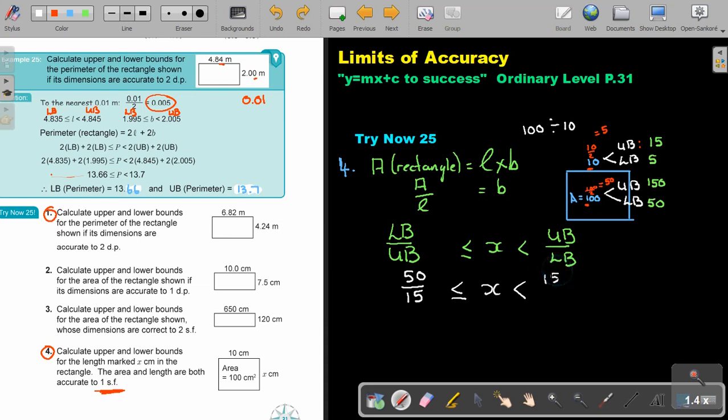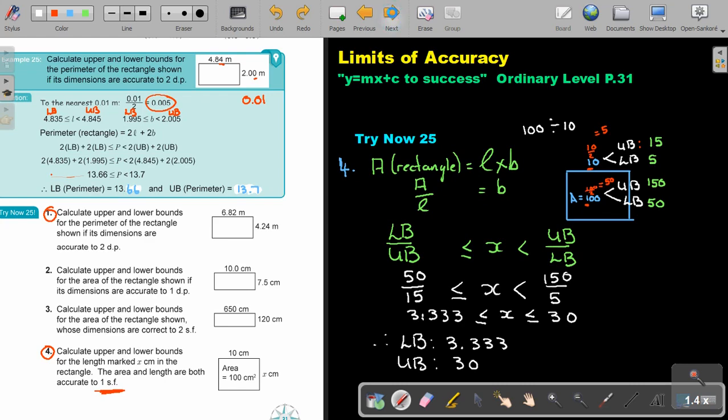It's 150. What is the lower bound of 10? It's 5. And by doing that calculation, I get 3.3 and 30. So therefore the lower bound is 3.333 and the upper bound is 30. And that's how you do it.